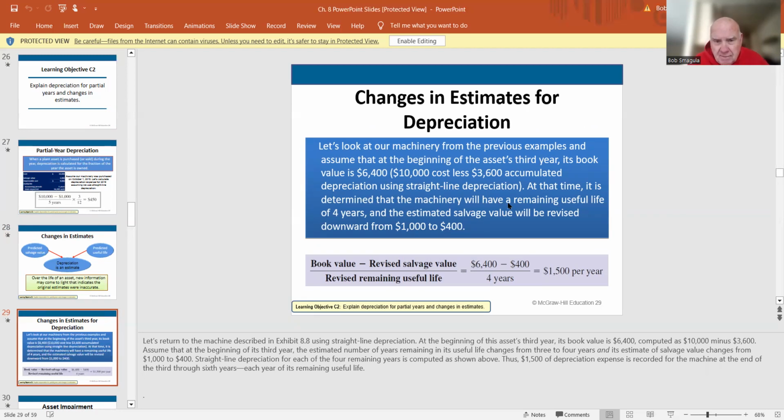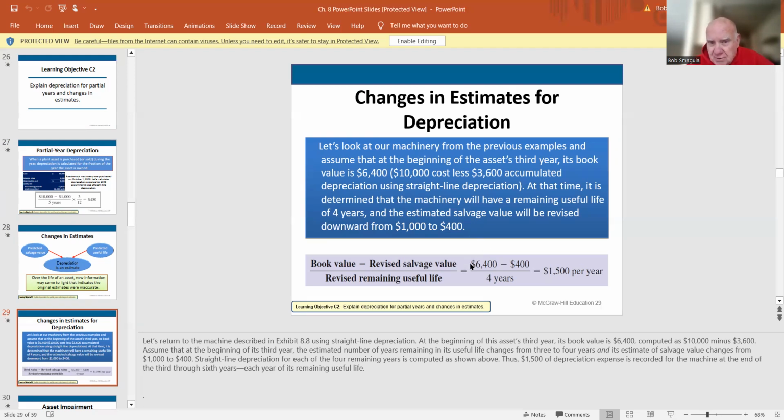So what are they talking about? We originally had a machine that we were depreciating for 5 years. It's been depreciated 2 years, but they're saying the remaining useful life is going to be 4. So we have to figure out what the depreciation would be, assuming that the machine's going to last a couple of years longer. So our little formula here: book value minus the new salvage value.